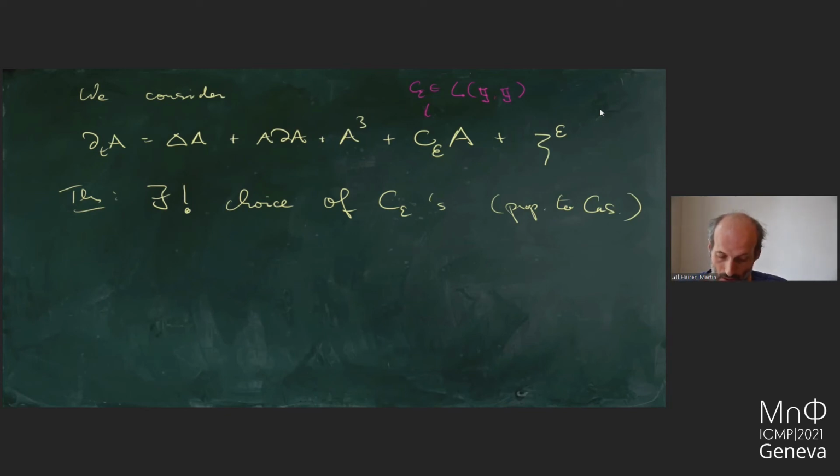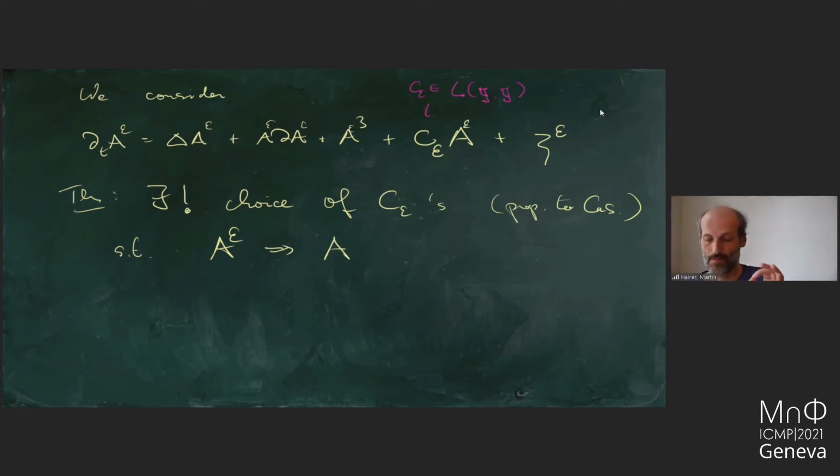So there exists a unique choice of these C epsilons such that the A epsilons converge to some limit A.